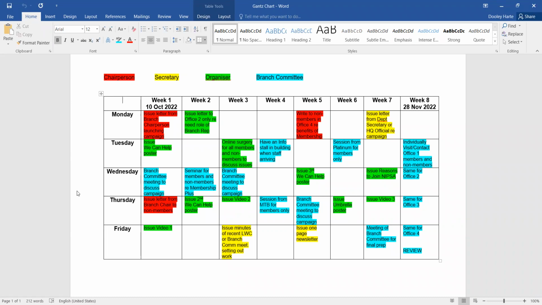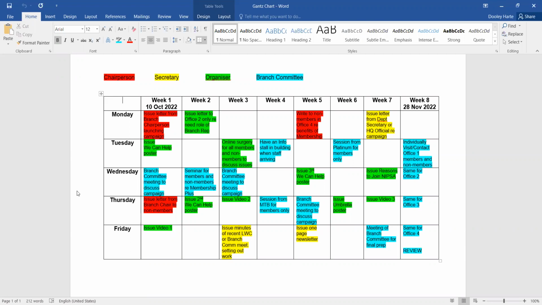You have a letter that can go specifically to Office 2 in relation to the need. Now, that can come from the branch organizer, which I've coloured in green. It could come from the chair, or the secretary. The reason I put it in green was the chair's already issued 2 letters the week before. If all of the information is coming from one person, people will start to get a bit fed up with that, so there has to be variety.